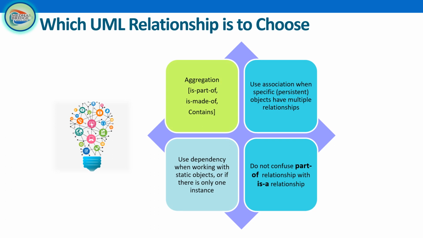How do we know which UML relationship to choose while you're developing your models? Use association when specific objects have multiple, persistent relationships. Use dependency when working with static objects or if there is only one instance.